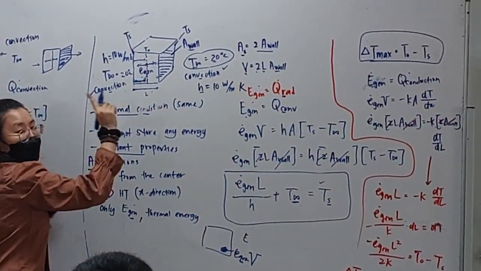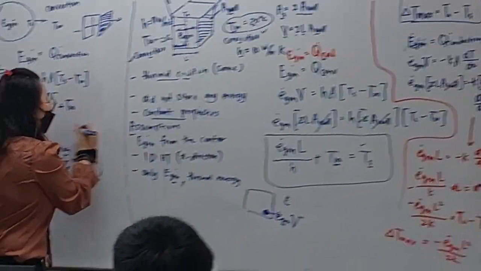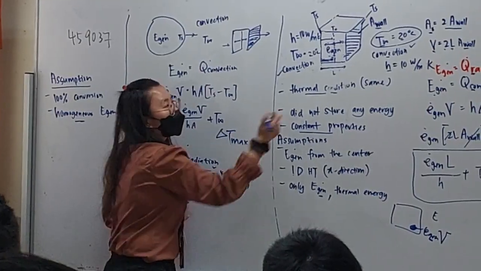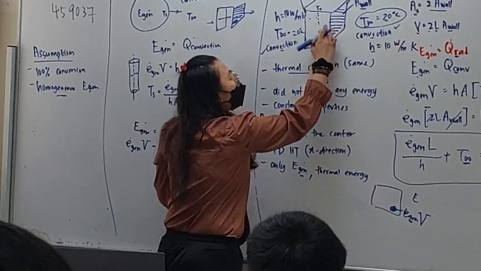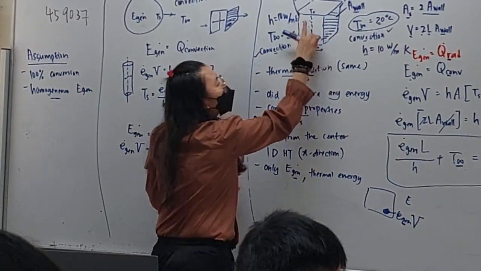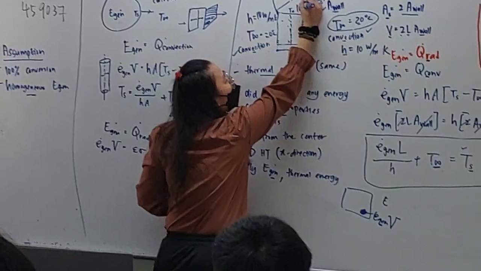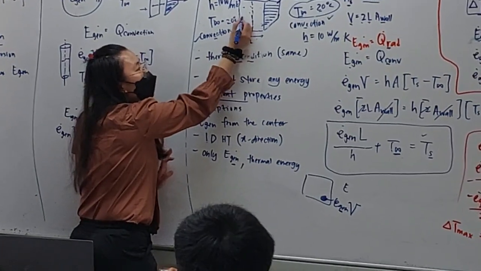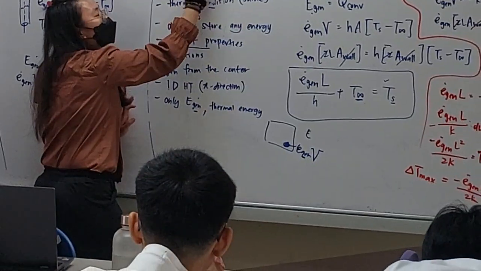They ask another kind of question: to calculate the maximum temperature change. Let's say the initial temperature at the center is 100 degrees Celsius. Then the heat transfers to the surrounding, to the surface here.